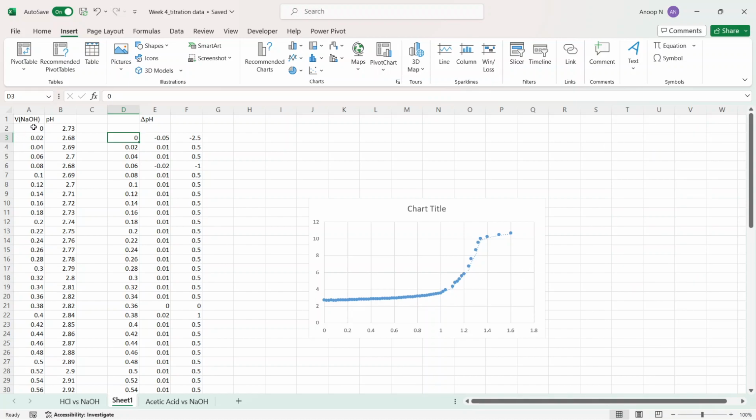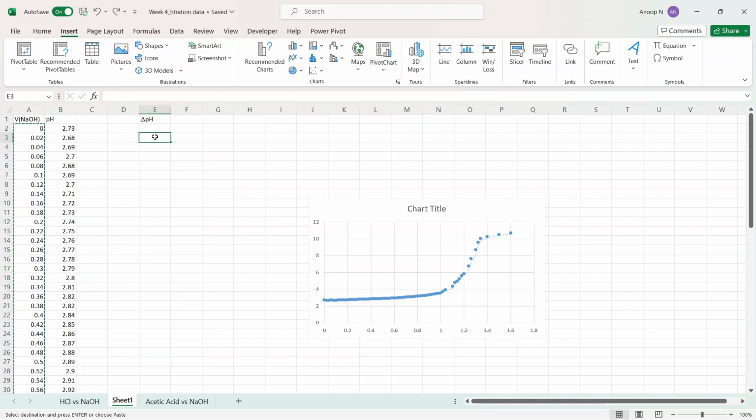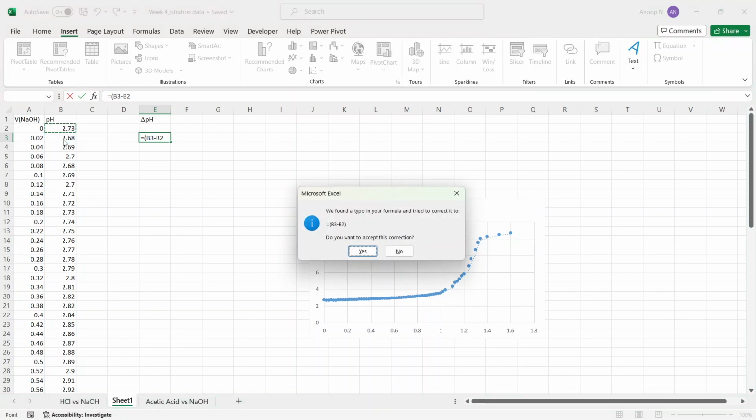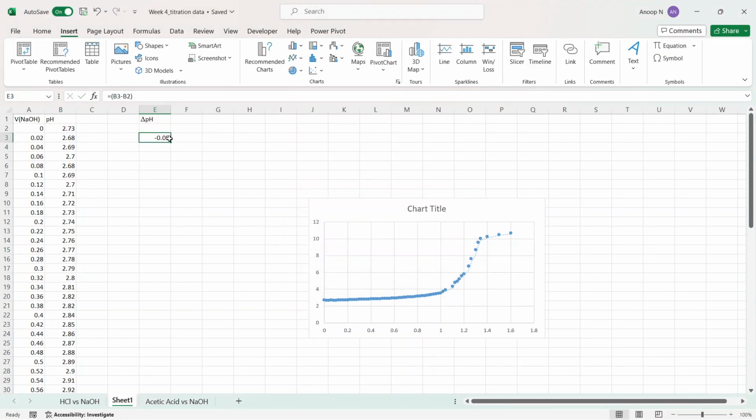So what I did is we have the VNaOH versus pH data. From that, let me come back, we will calculate delta pH. How will we calculate delta pH? This value minus this value, and then we will drag it.